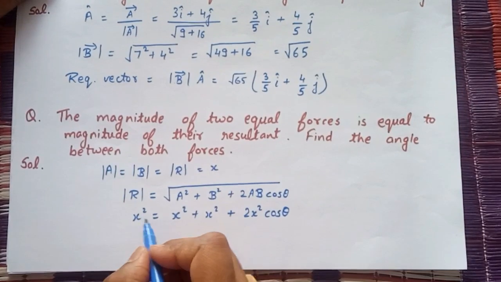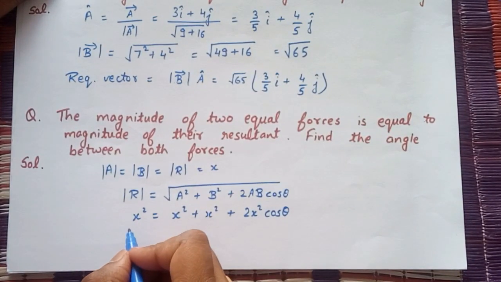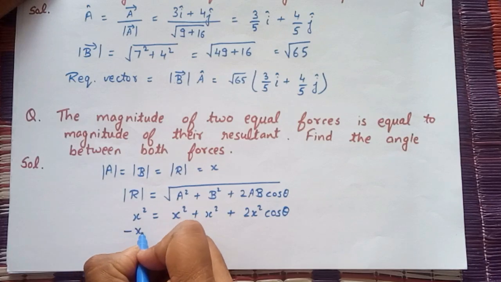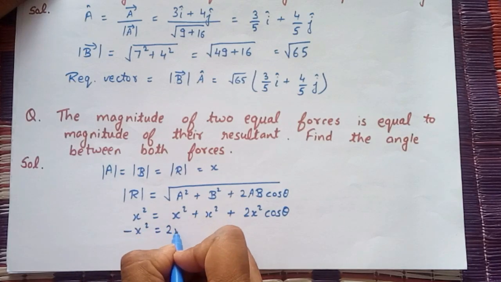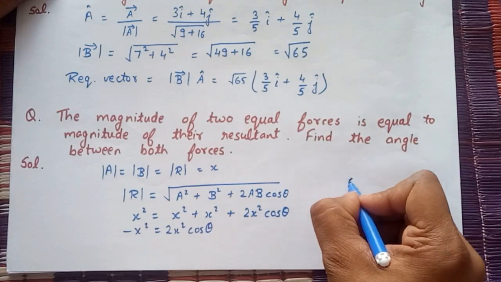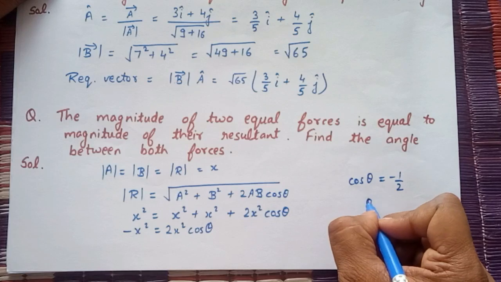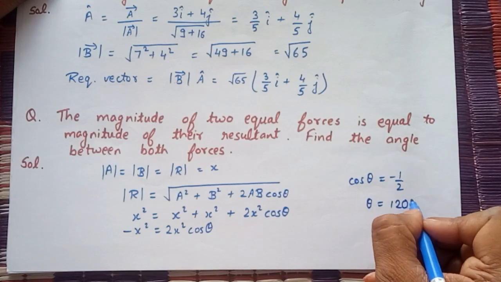So I can write it as, x square will be cancelled out, taking this x square to that side, it will be minus x square. Minus x square is equal to 2x square cos theta, or I can write it as cos theta is equal to minus half, or theta is equal to 120 degrees.